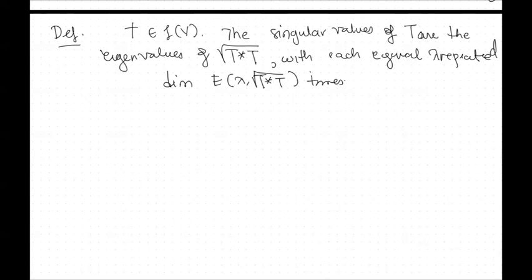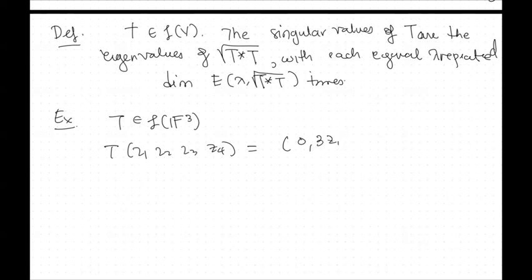Let us give a very explicit example of what's going on. This is an easy example because we will deal with easy numbers. T of Z1, Z2, Z3, Z4 is equal to 0, 3Z1, 2Z2, and negative 3Z4.